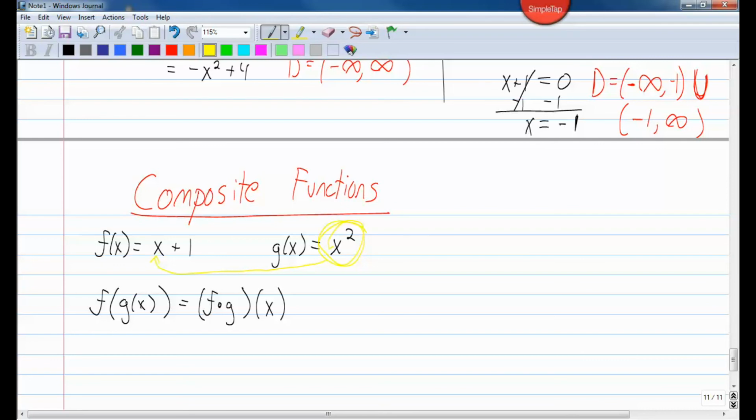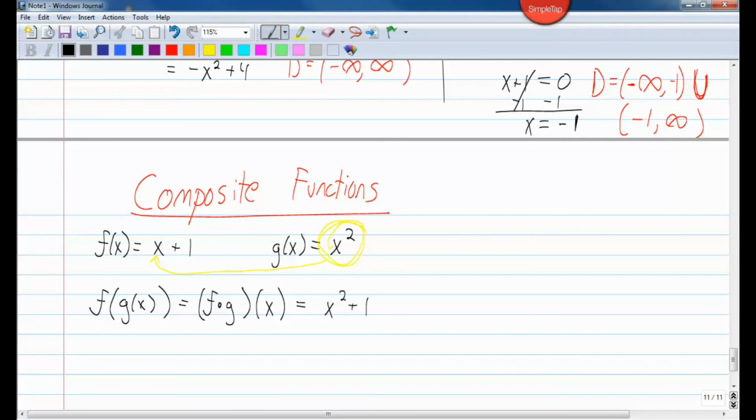Alright, there's only one x here, right? So I'll plug it in right there. So f of g of x is equal to x squared, and then I have a plus 1. So f of g of x equals x squared plus 1.